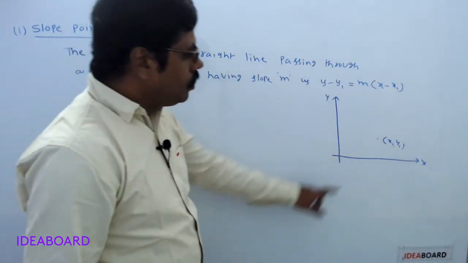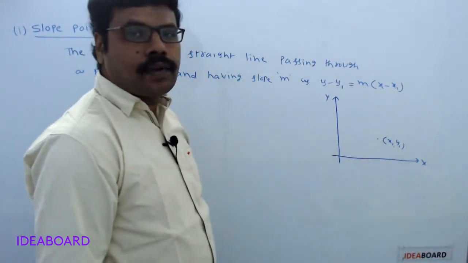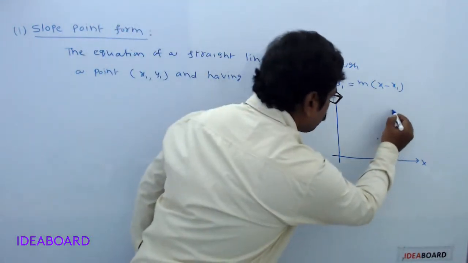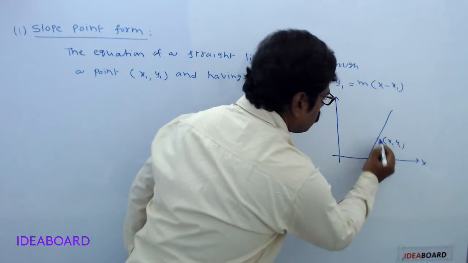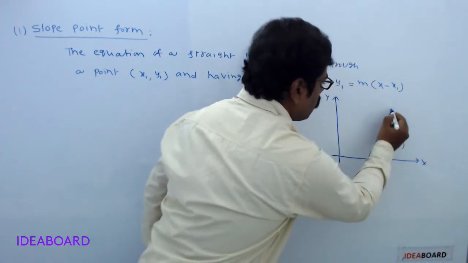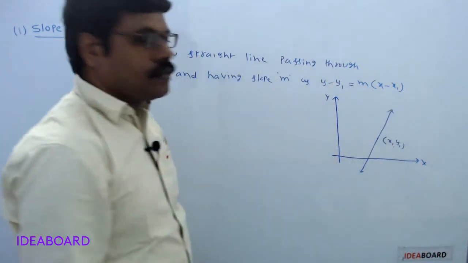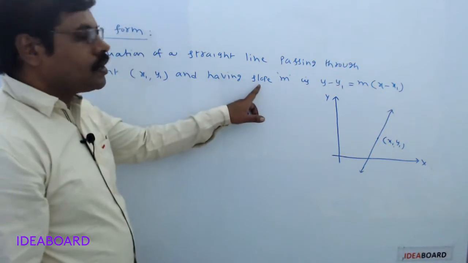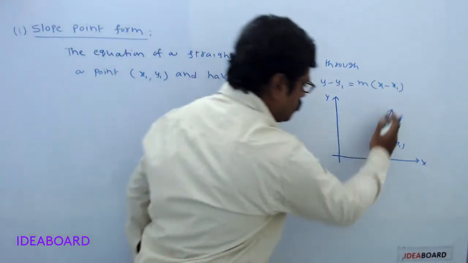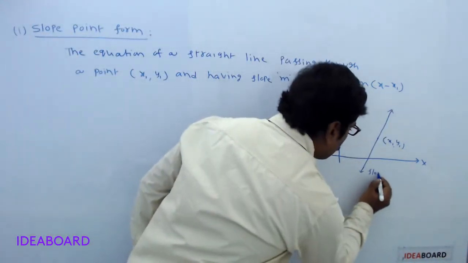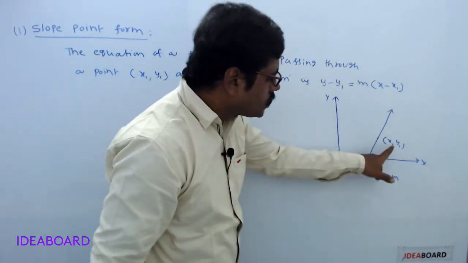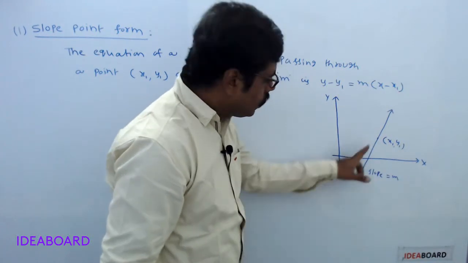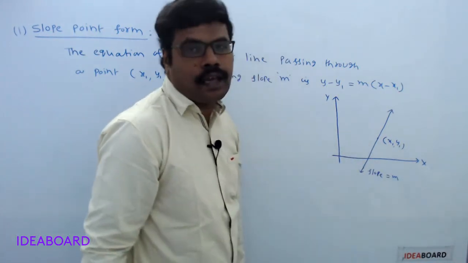Draw a line passing through the point x1, y1. Now this is the required line. The slope of this line is m.